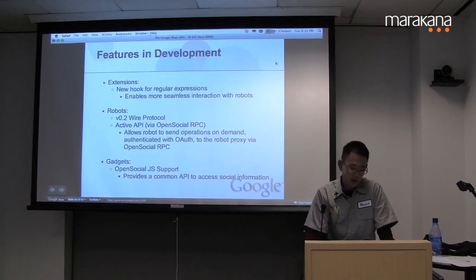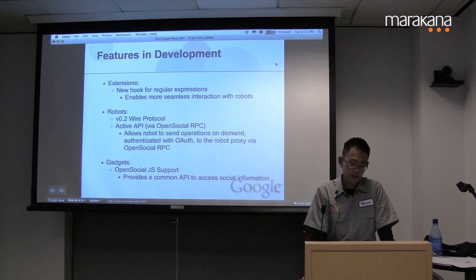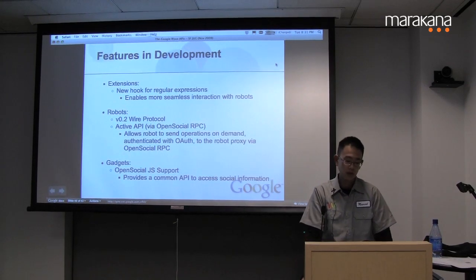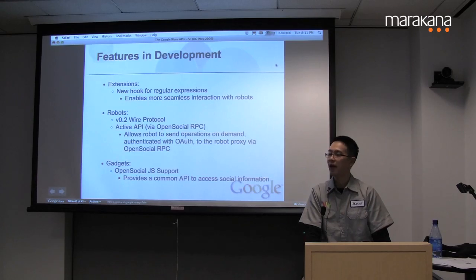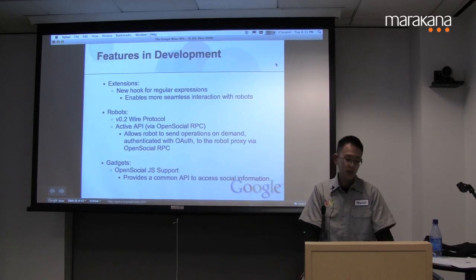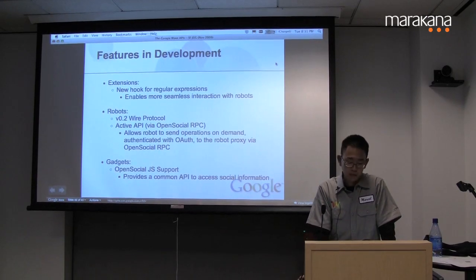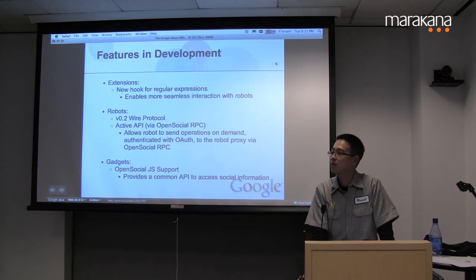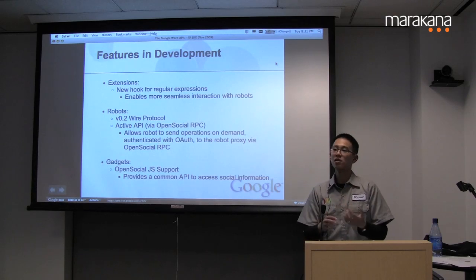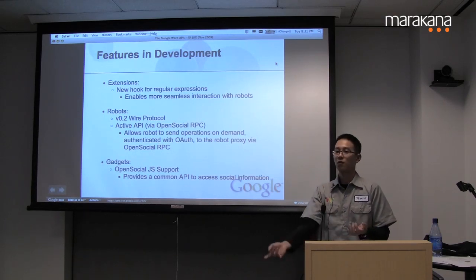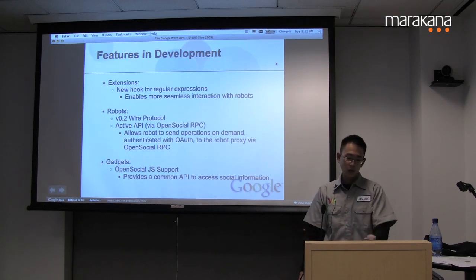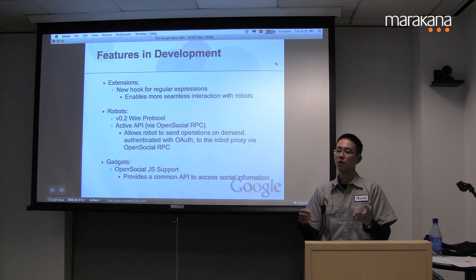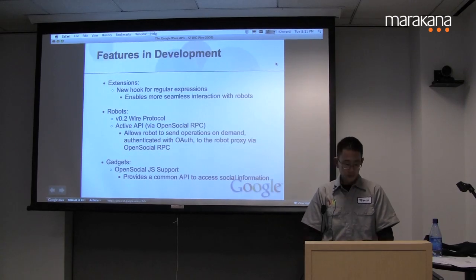We are also working on a new set of APIs that we call the active API. Right now the current robot mechanism only works on an event-based model. So basically you wait until something happens in Wave and then the robot gets notified. What we're working on is a new mechanism so that a robot can send operations on demand at any given time.